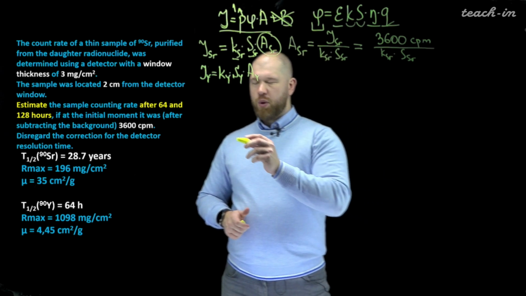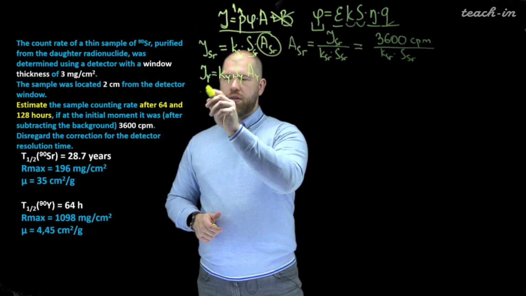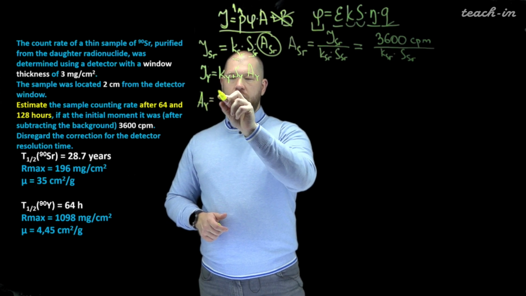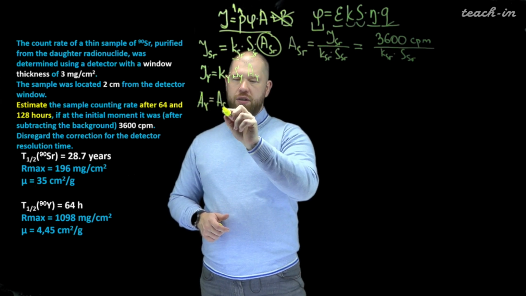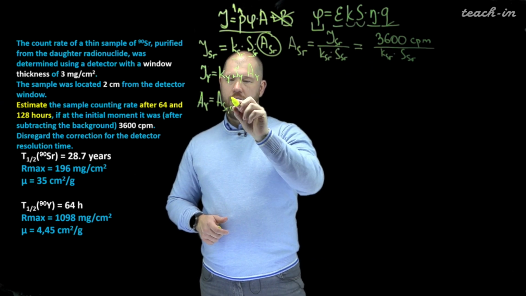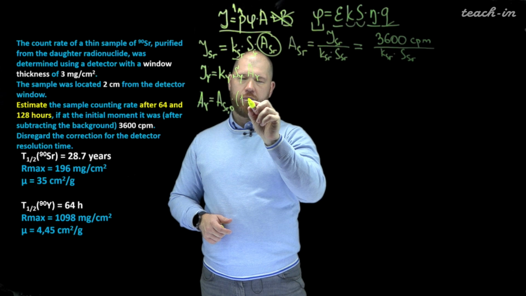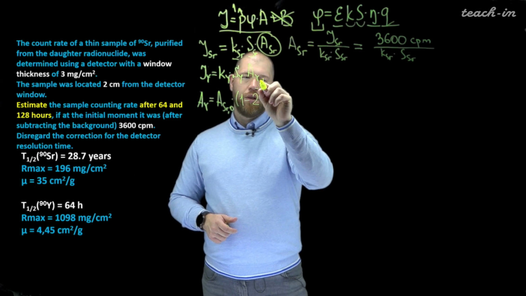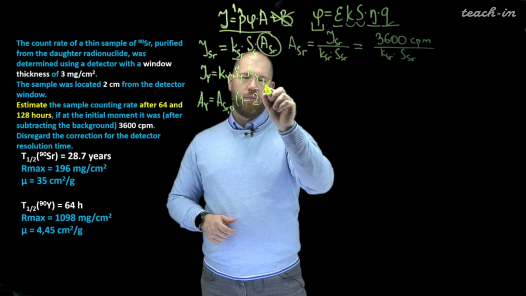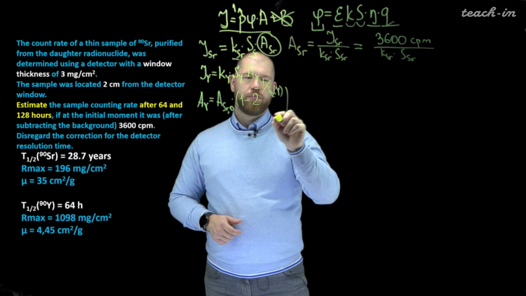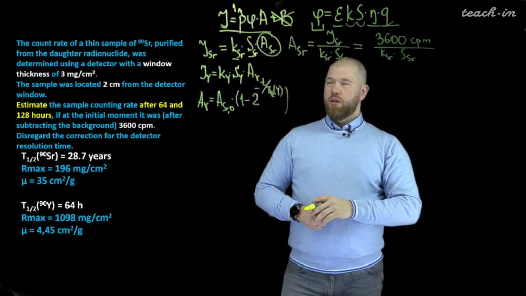And thus we can calculate the activity of yttrium from the initial activity of strontium, which we can calculate from this, multiplied by this expression: 1 minus 2 to the degree of minus time divided by the half-life of yttrium, 64 hours. Okay.